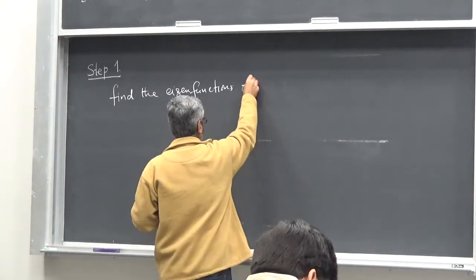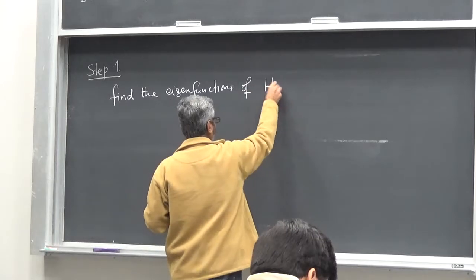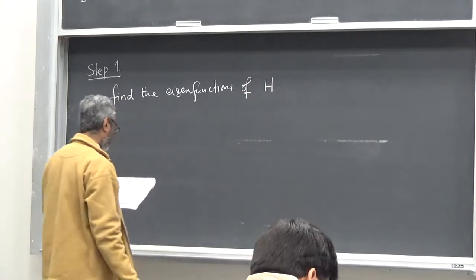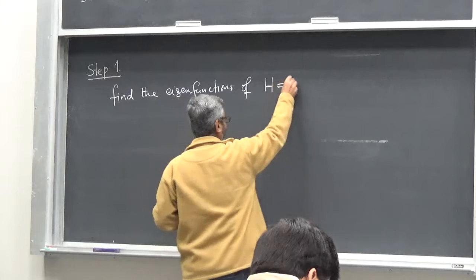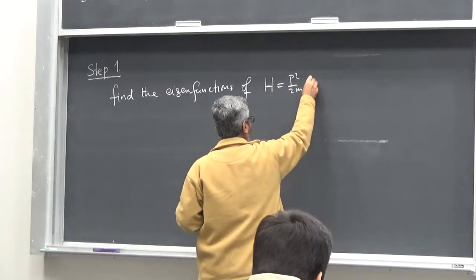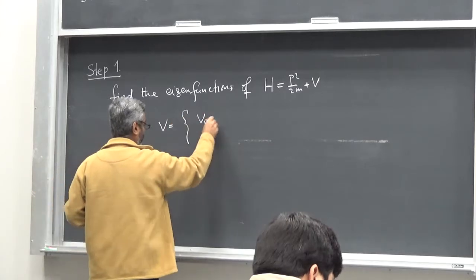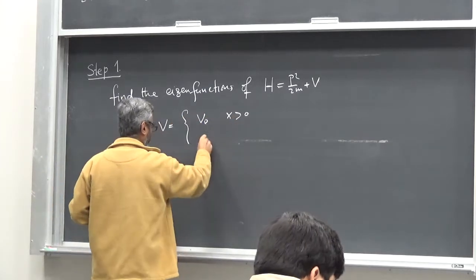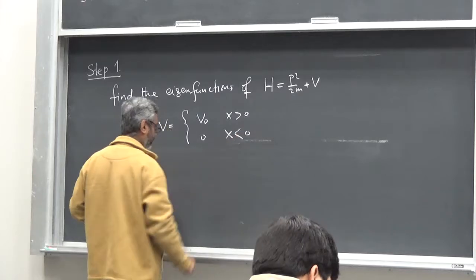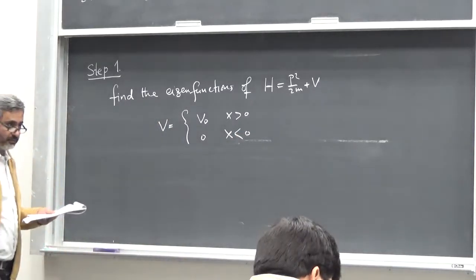So eigenfunctions of H, right? And what is H? It is p squared over 2m plus V, and this V is V naught for x greater than 0 and 0 for x less than 0. Right?